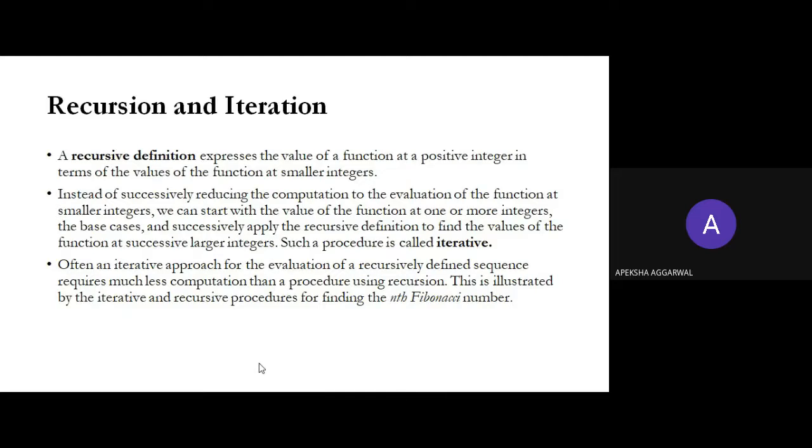Then I keep on multiplying this i with the factorial value every time, right? And I will say this is the iterative definition of factorial. Another definition is where I keep on calling a recursive function, fact, on n minus 1. And whenever it reaches 1, I will return 1.